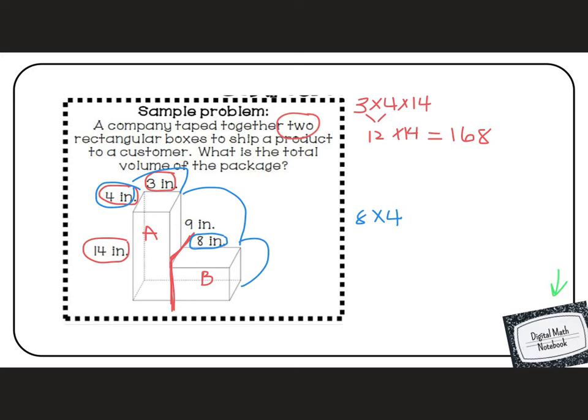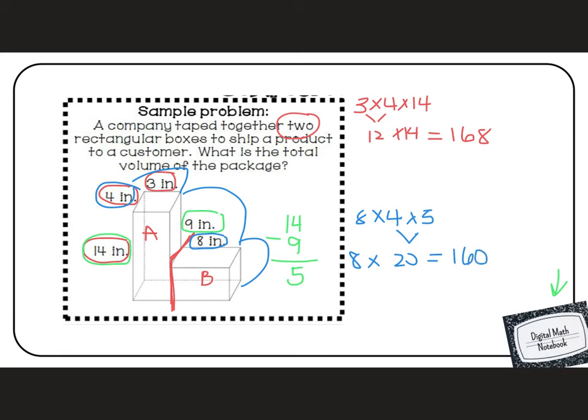So if I look at the numbers that are for a height, I know that this whole box is 14, and this part of it is 9. So if I do 14 minus 9, I'm left over with 5. So that's the number I need to multiply by.